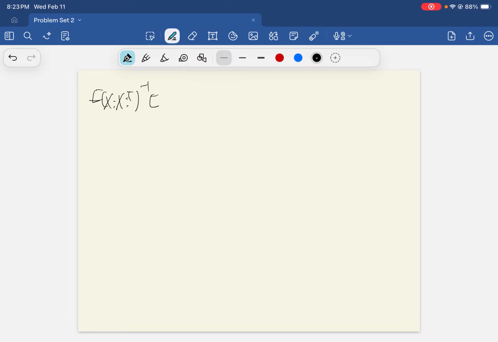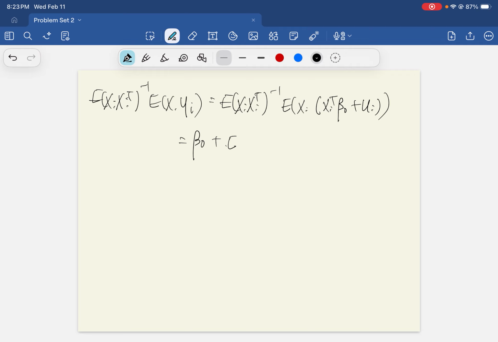A better way is to use the general form, y_i equals x_i transpose beta 0 plus u_i. Starting from here is much better.